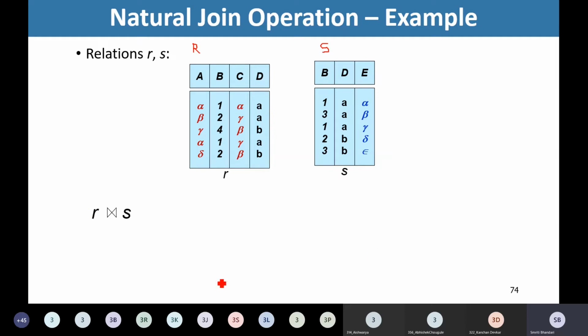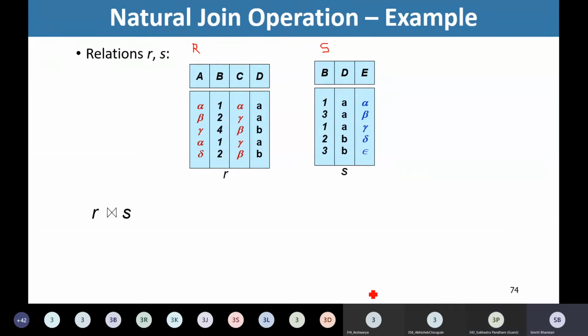Okay, now to compute the natural join of these two, please tell me what are the attributes of our natural join, the schema for the resultant relation?